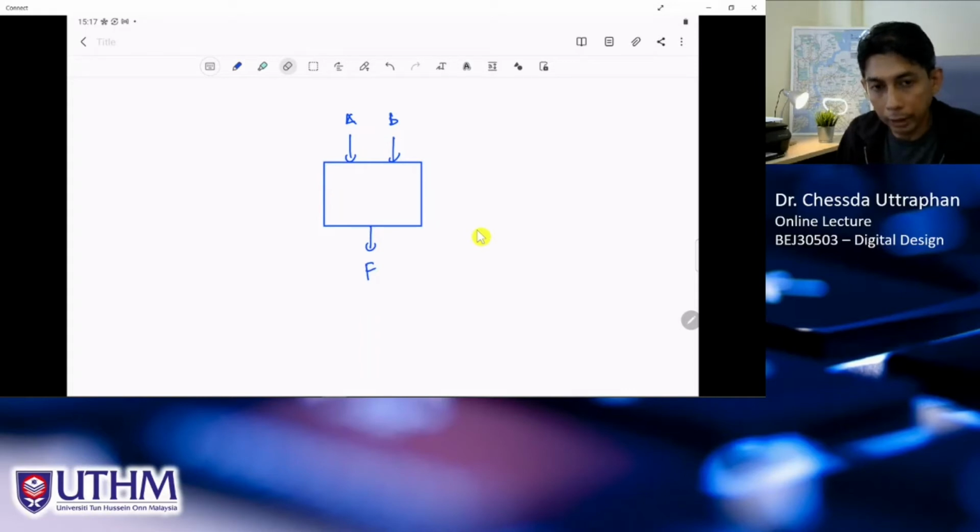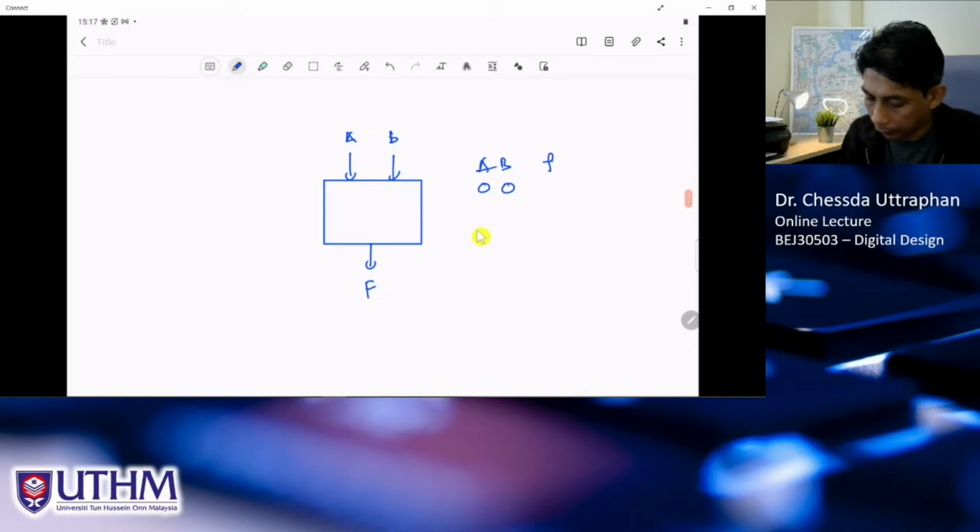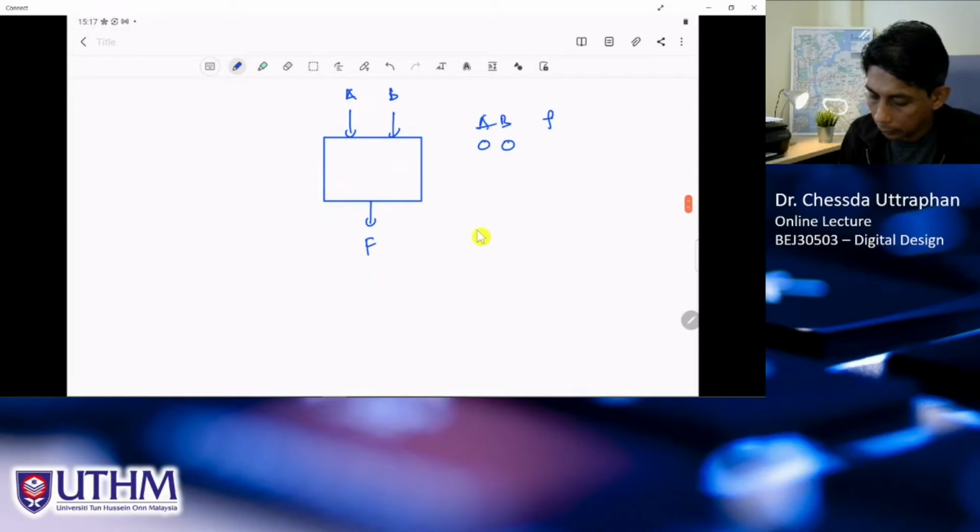All right. So for example, if the previous value of the output is 1 and the input changes, for example AB, right? Initially we have AB equal to 0, 0.